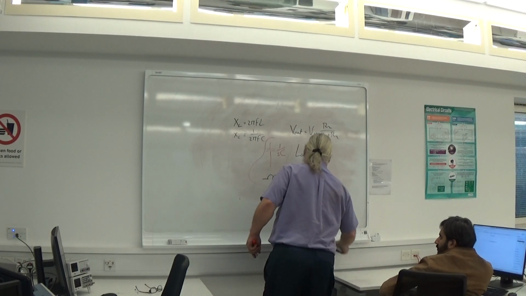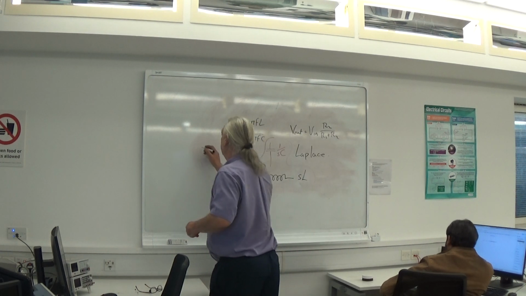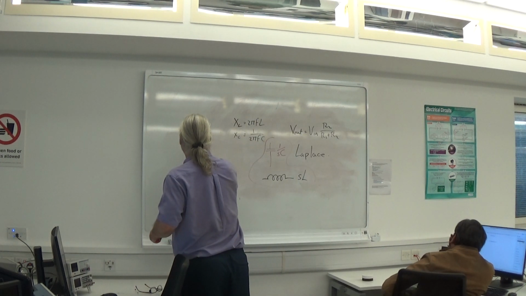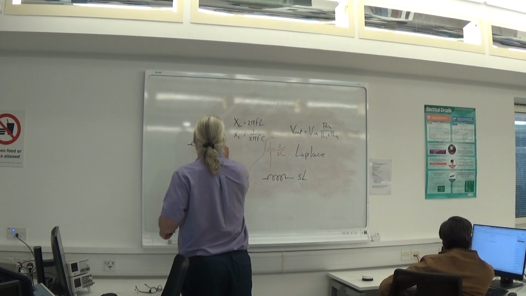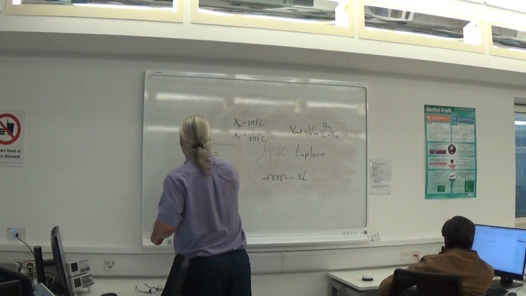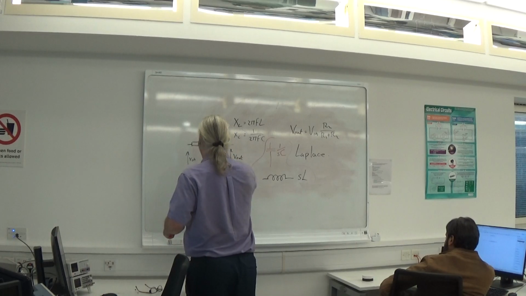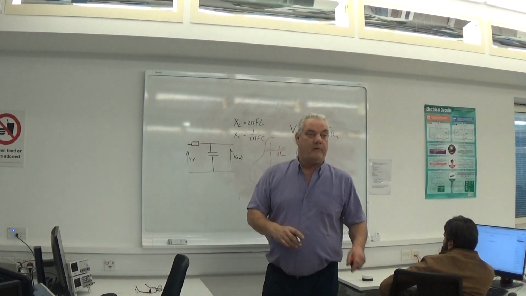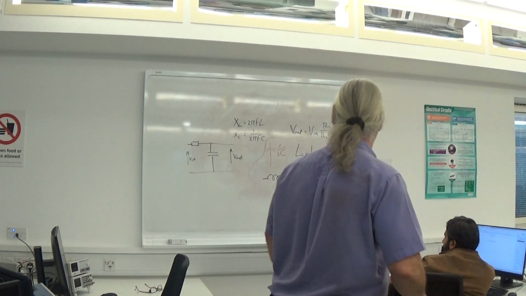What he is saying, though, is if I now take this circuit that we're all familiar with, so here I am, classic low-pass filter, and I do this now. Remember the rule? I just replace all capacitors with 1 upon SC, all inductors with SL.